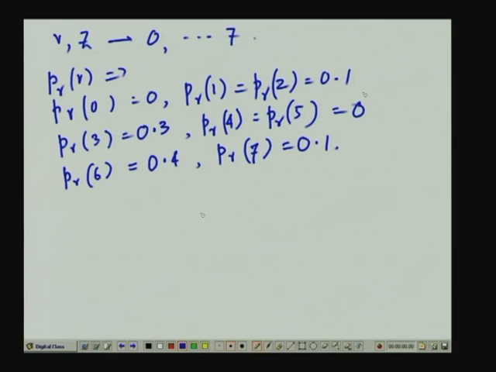This is what we assume is obtained from the given image.